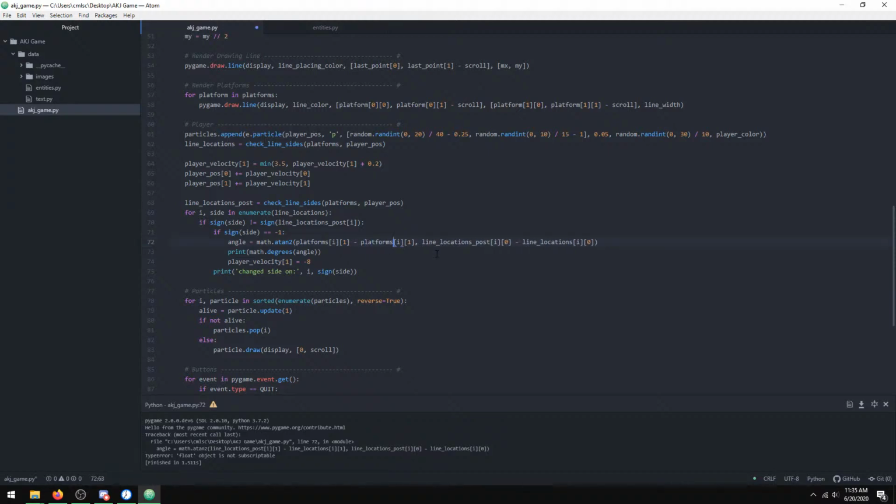All of this is going to be platforms. And then I have to add the index of the points, which is going to be I, from point 1 to point 0 because it's sorted a specific way.